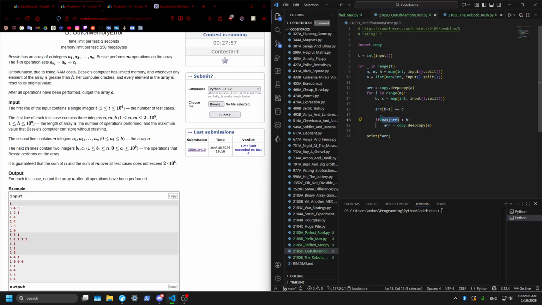Max is O of N. This is O of N, so this is O of N squared. Wait. Is it?